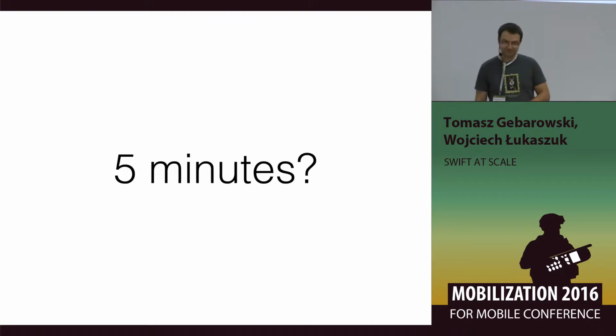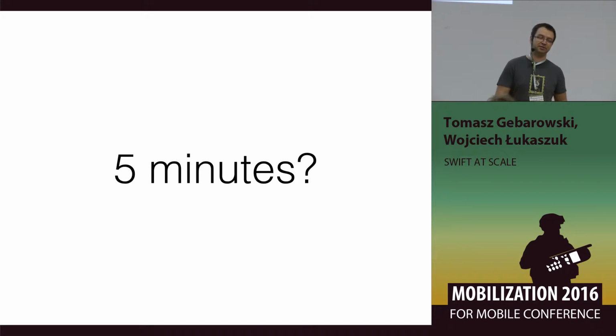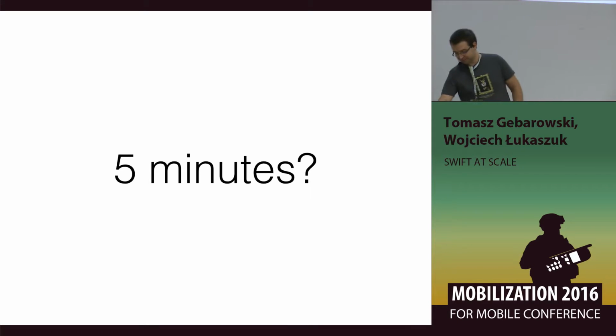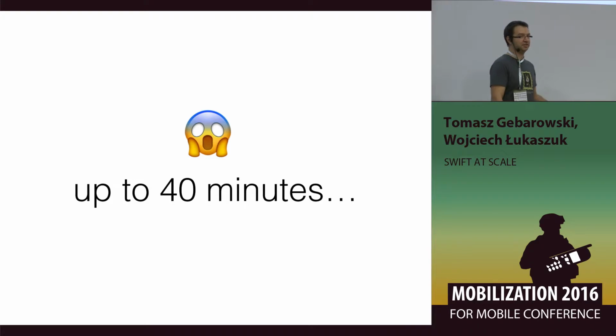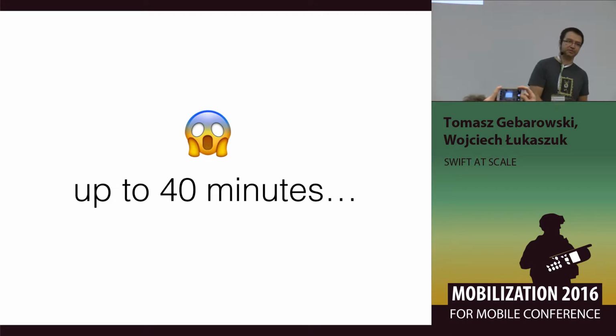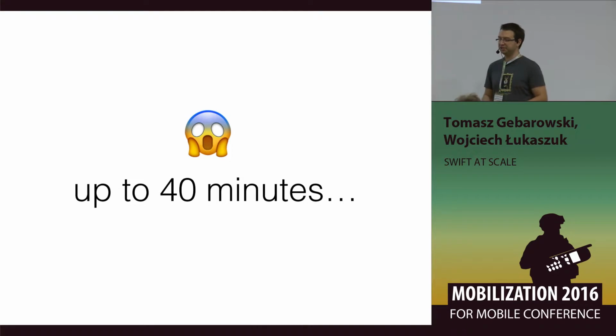For people working with Swift on smaller projects, 5 minutes is something that they are already complaining about. And our case was dramatically worse. We had 40-minute compilation time in the worst case. Of course, it was the worst case, compiling everything from scratch on a bit slower machine.